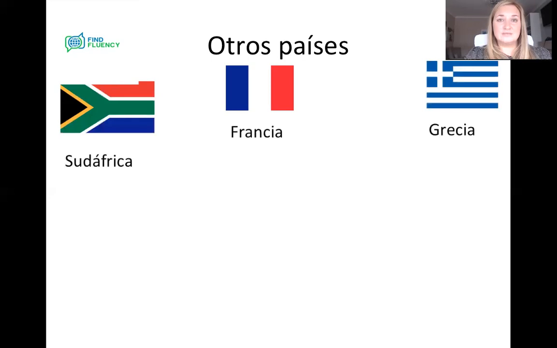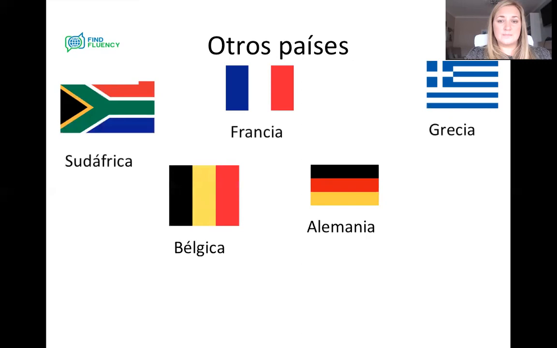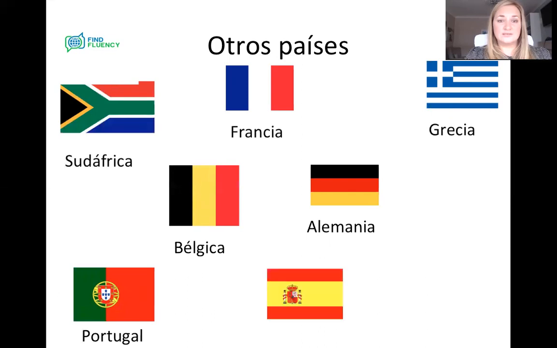Grecia. Bélgica. Alemania. Portugal. España.